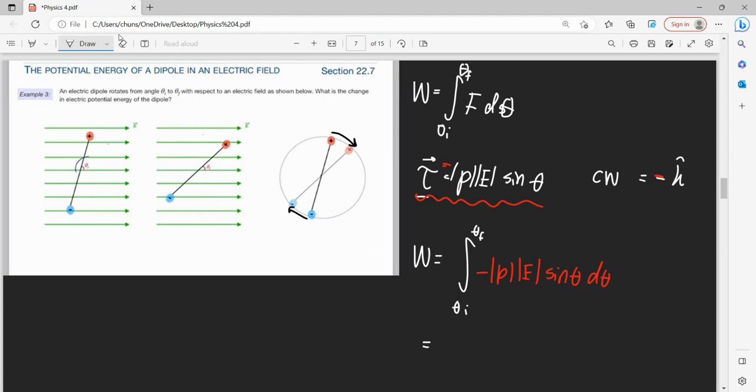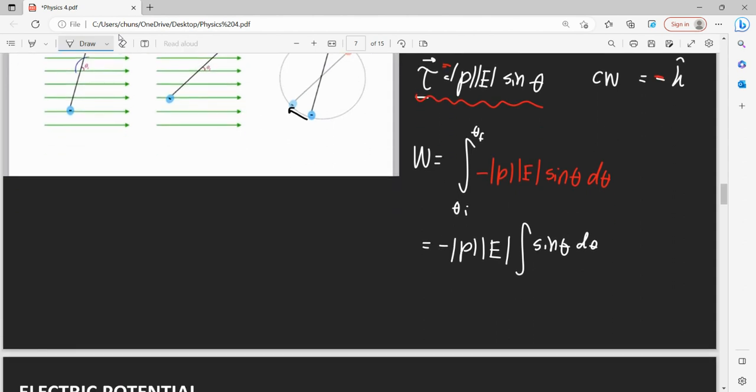So this is negative dipole moment times electric field, and we integrate our sine that's left in here. This will give us negative dipole moment times electric field, and this is cos of our final minus cos of our initial.